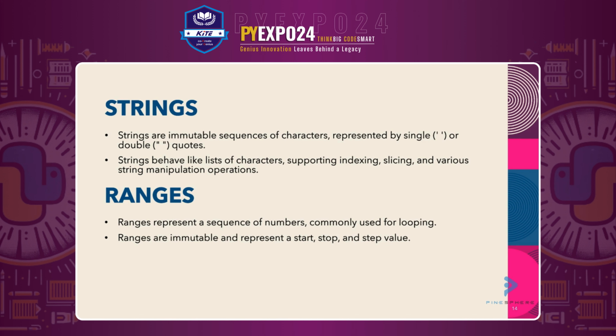Indexing allows you to access the individual characters within the string. In strings also indexing is possible. Strings also support slicing and various string manipulation operations. Slicing enables you to extract substrings from a string by specifying the range of indexes, like we did in a tuple.